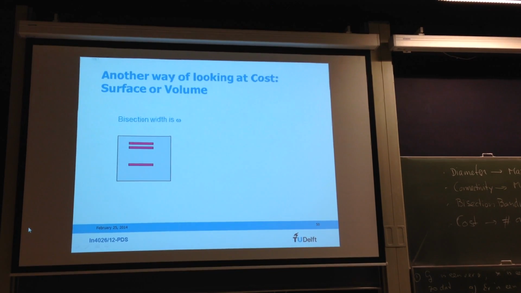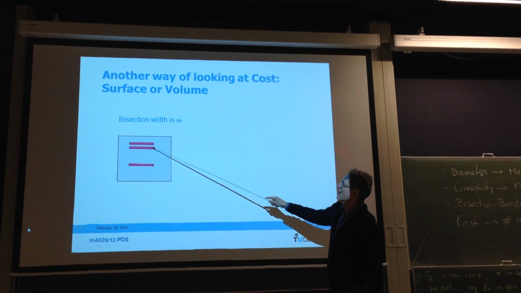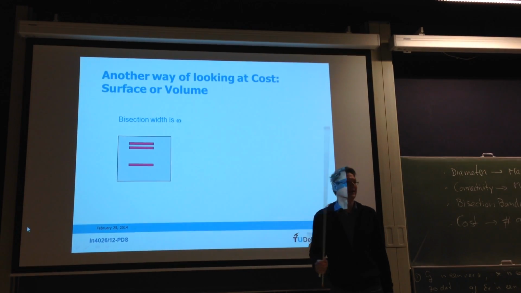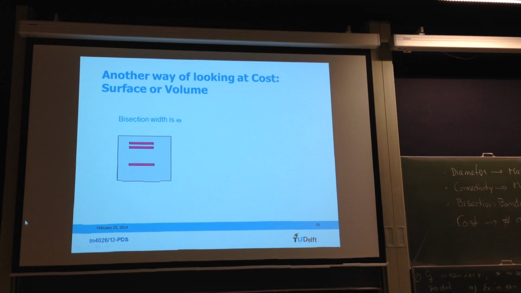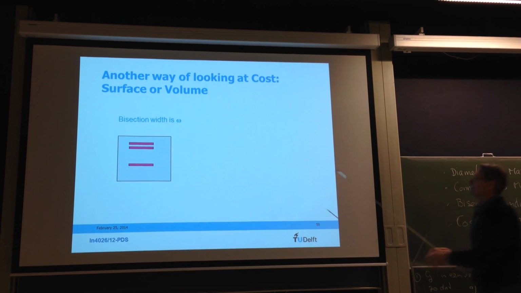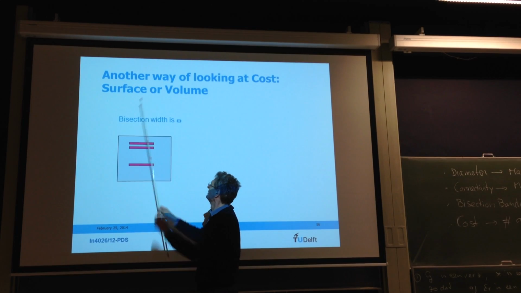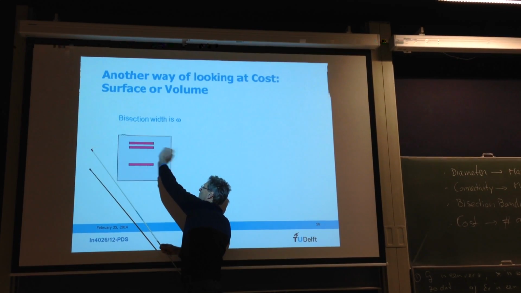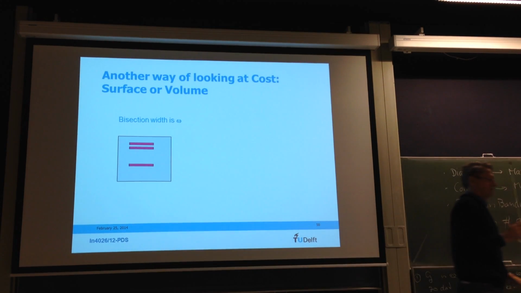Suppose we have a two-dimensional chip with the wires laid out like that. Then the bisection bandwidth is supposed to be omega, right? So if I would divide this one in half, I have so many wires going from one end to the other end, right?